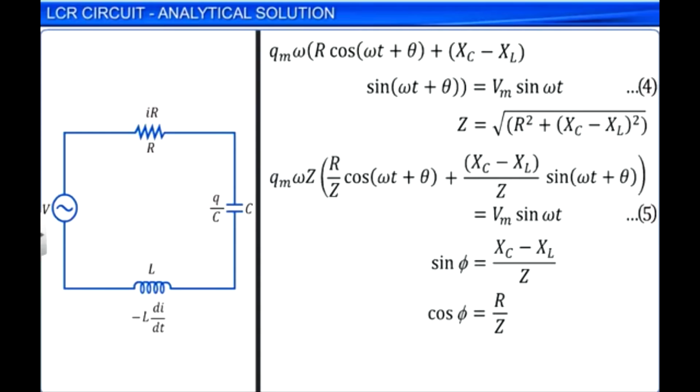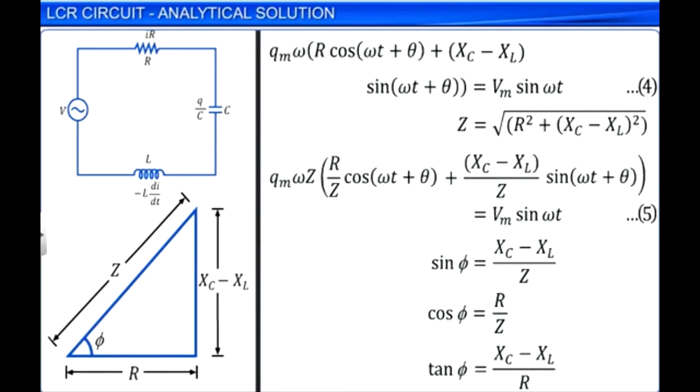Now, sin φ by cos φ will be equal to tan φ, which will be equal to (Xc minus XL)/R. If the relations between Z, R, and Xc minus XL are represented through a diagram, they form a right-angled triangle as shown.